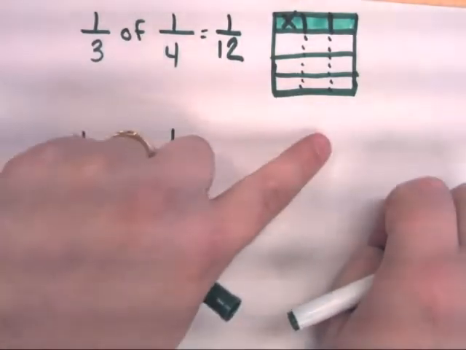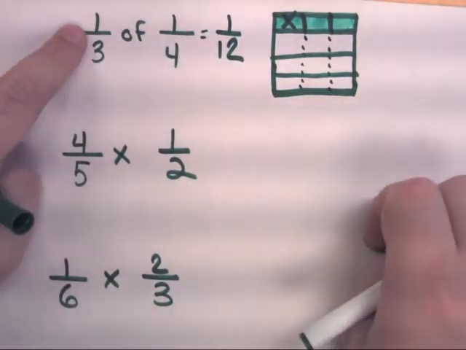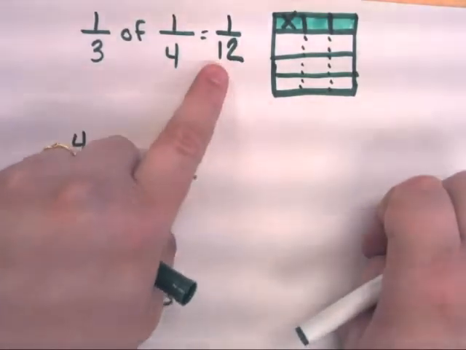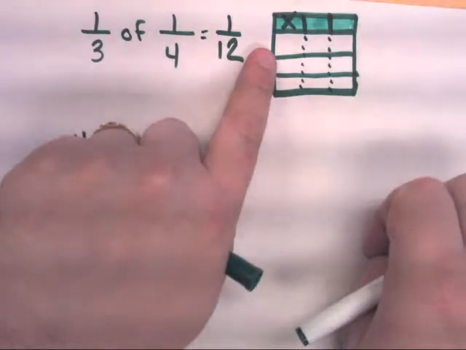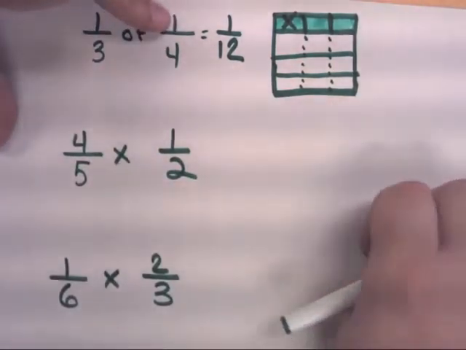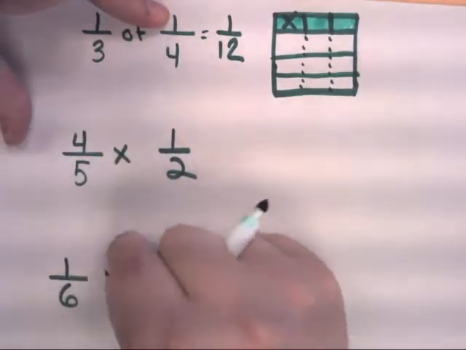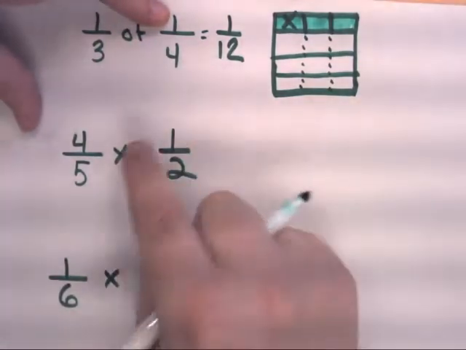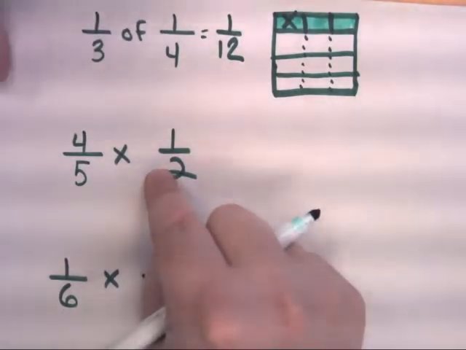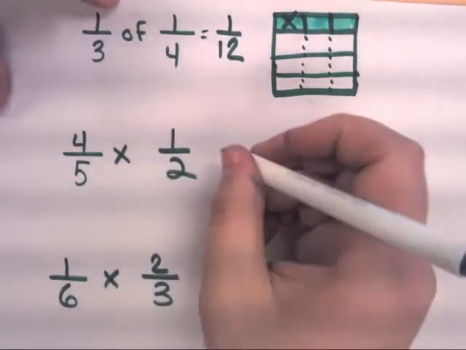Again, this model proves that we can use the rule, multiply the numerators and the denominators of our factors, to get our product. 1 multiplied by 1 is 1. 3 multiplied by 4 is 12. Students can draw models for these types of problems as well, or they can simply follow the algorithm that we just talked about with 1/3 multiplied by 1/4.